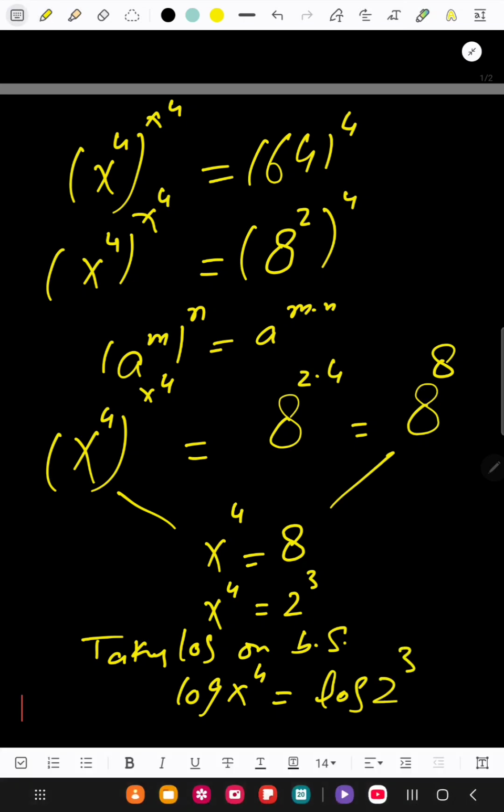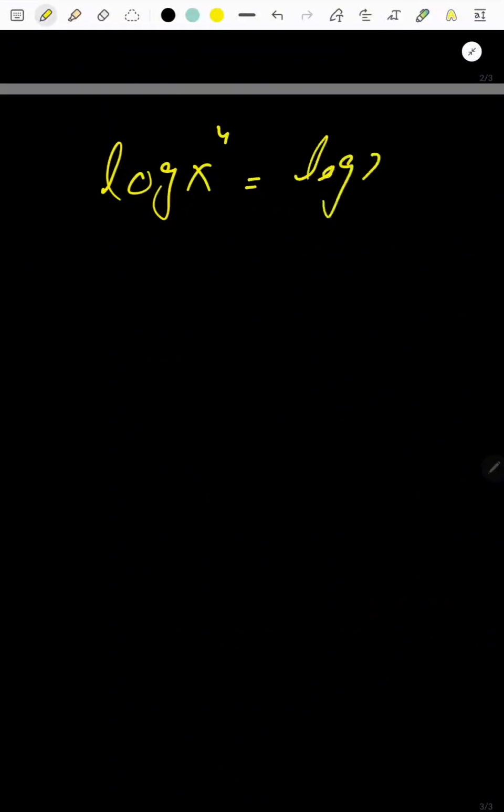Now again simplify: log x raised to power 4 is equal to log 2 raised to power 3. By the property of log, it can be written as 4 log x is equal to 3 log 2.